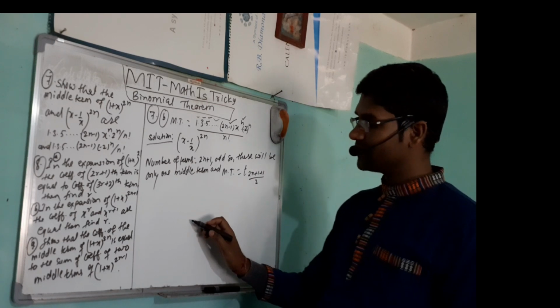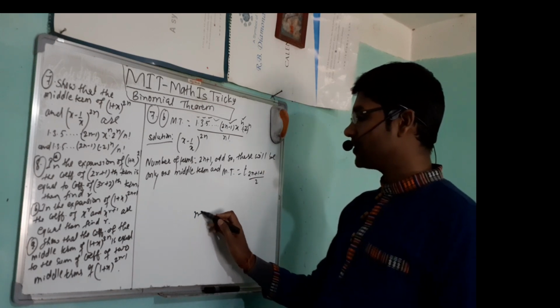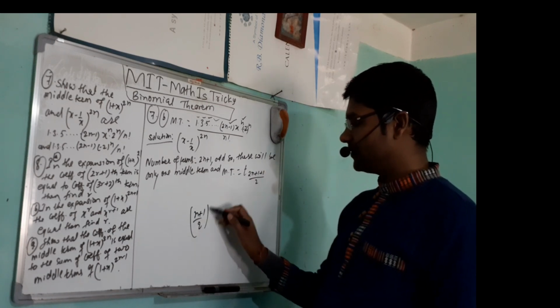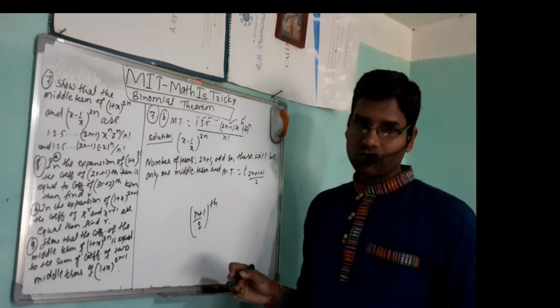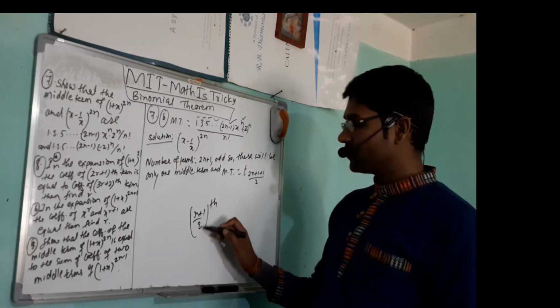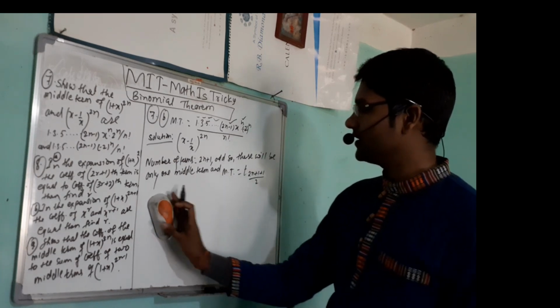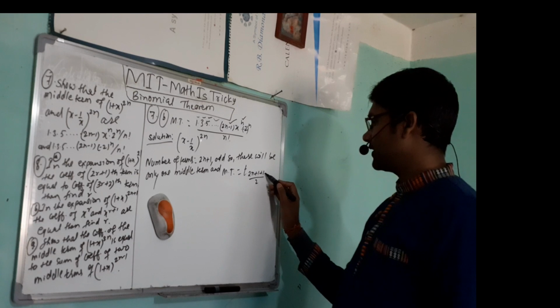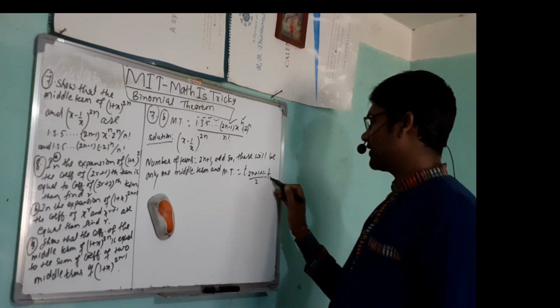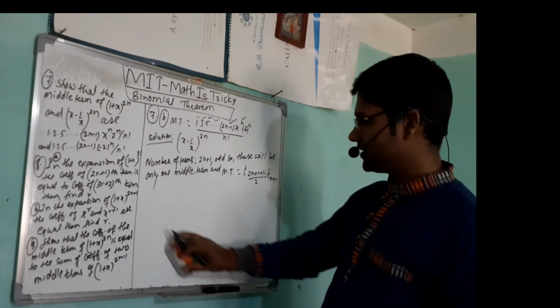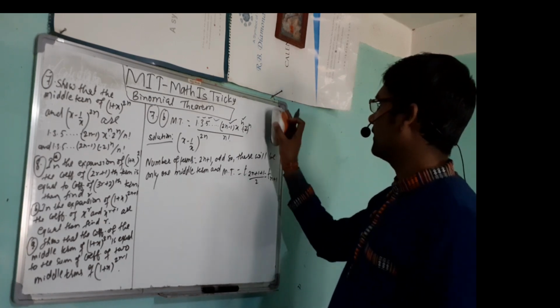This is the formula: middle term equals the (n plus 1) by 2th term. If we have n terms, the middle term will be the (n plus 1) by 2th term if n is odd. So it will be simply T of n plus 1, since 2 will be cancelled. Now let's expand this, and then we have the answer.